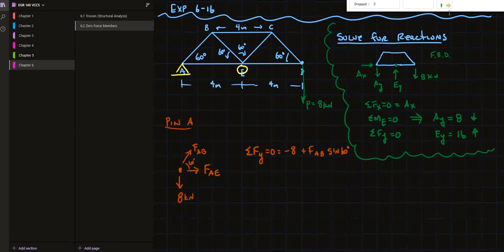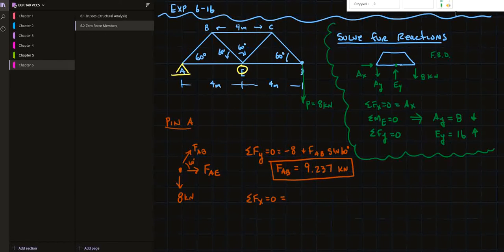So F_AB ends up equaling 9.237 kilonewtons. All right, I like to box these as I do them.